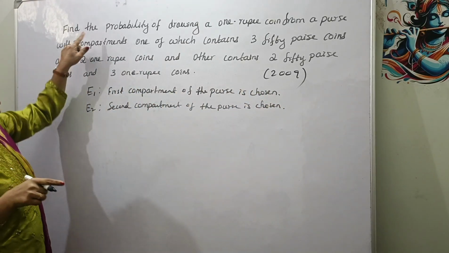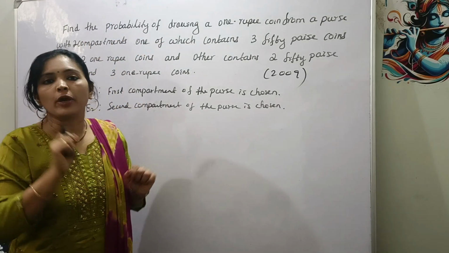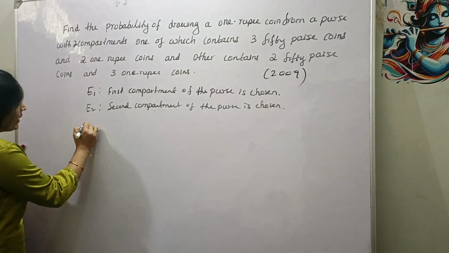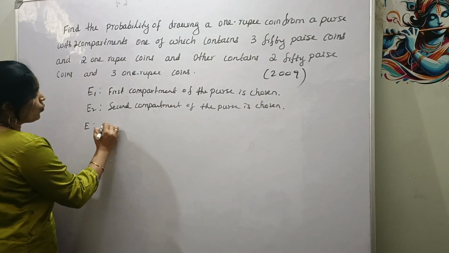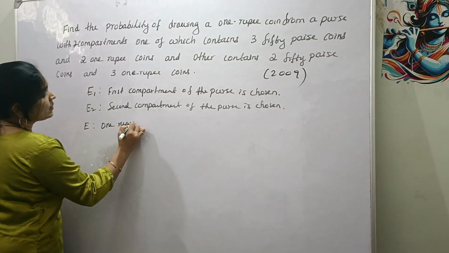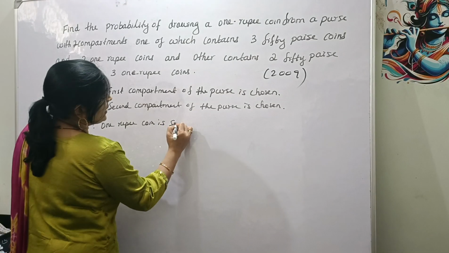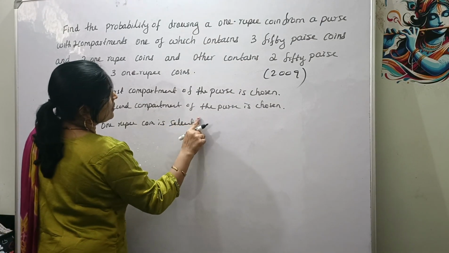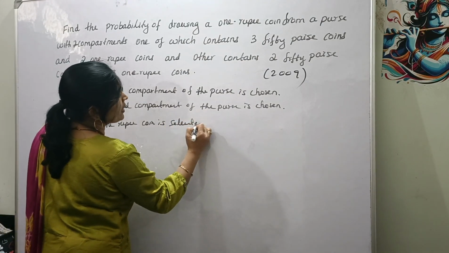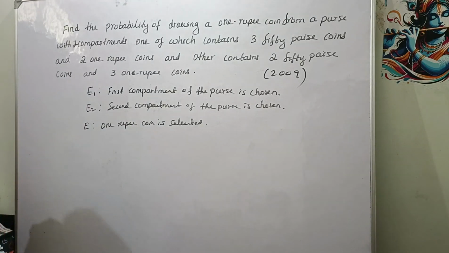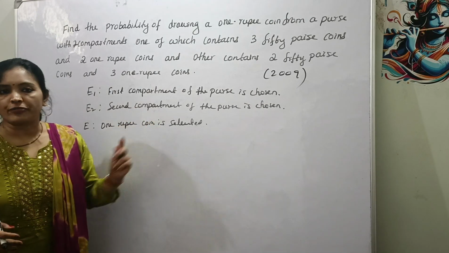And what we have to find? The probability of drawing a 1 rupee coin. So here let E be the event that a 1 rupee coin is selected. So our 1 rupee coin is drawn from the purse.